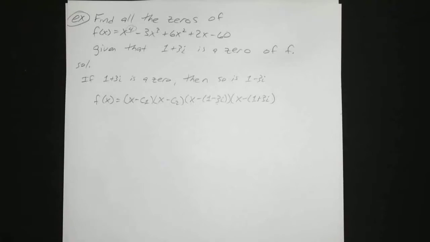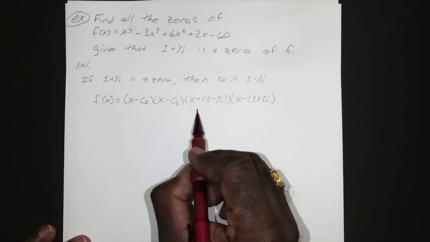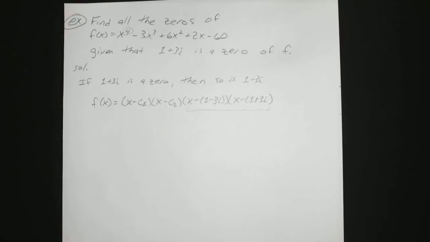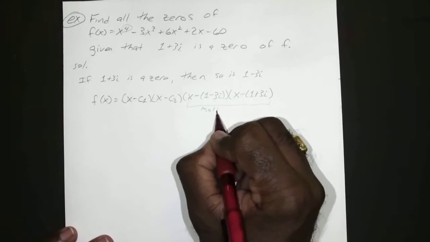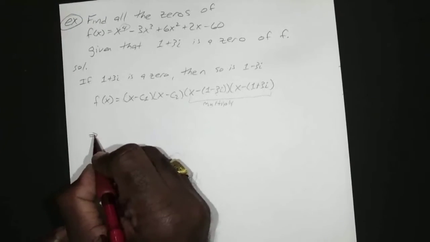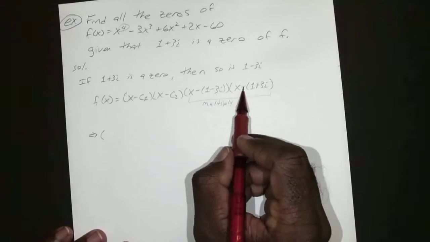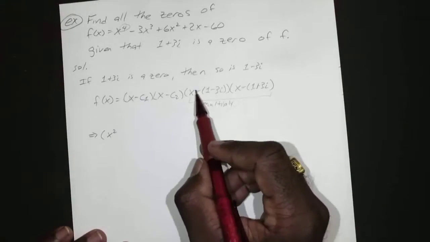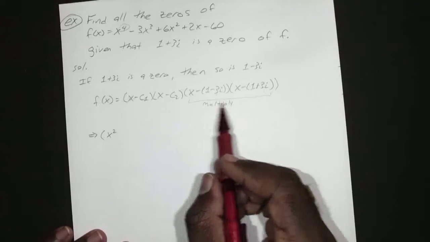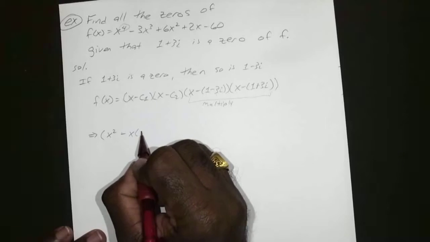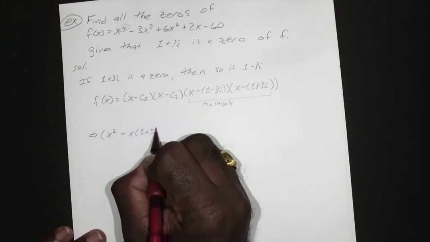Okay. Now here, what we can actually do is we can multiply those two together. Okay, so if we multiply those two together, if we use the FOIL method, you have x squared. Your outer, clean that up a little bit, is minus x times 1 plus 3i.